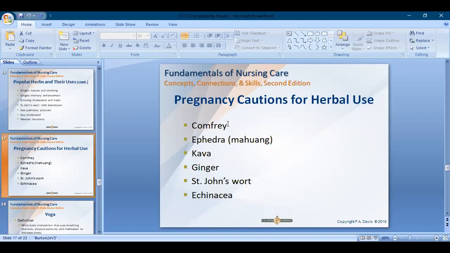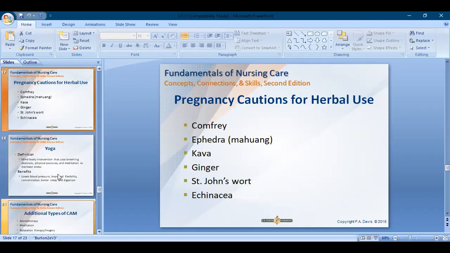Or echinacea. So I say again, the pregnant mother better not take the echinacea, St. John's wort, ginger, kava, right? So you have to remember, very important for board exam.